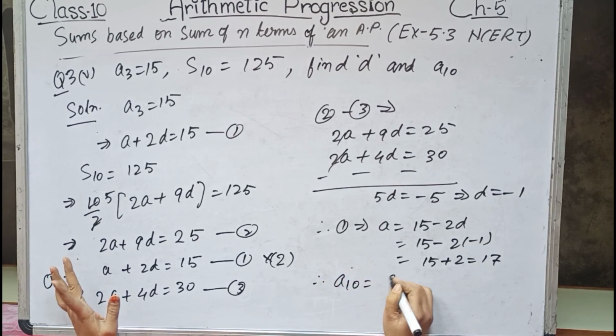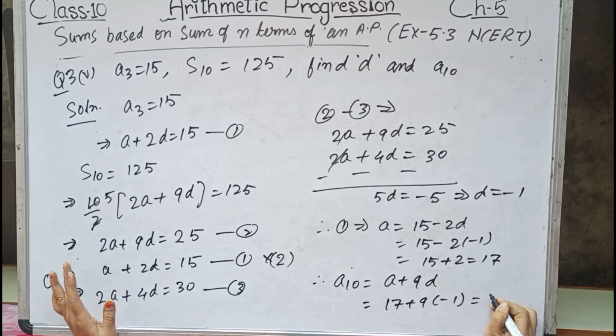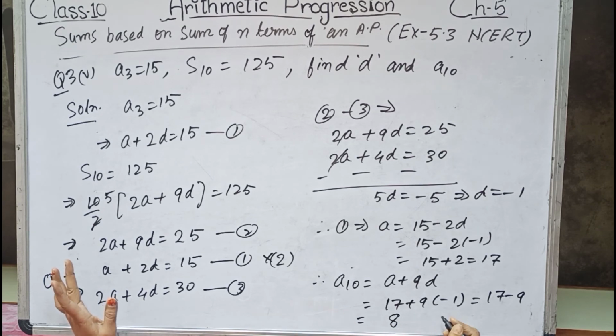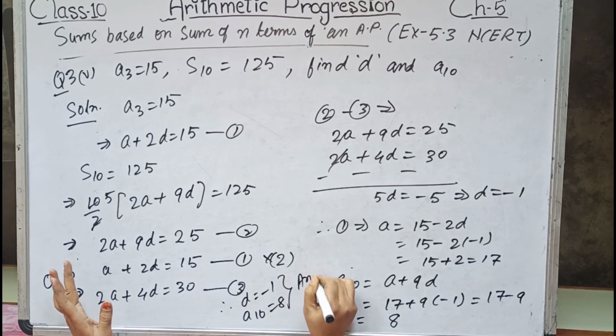A10 equals A plus 9D equals 17 plus 9 into minus 1 equals 17 minus 9, that is 8. So D equals minus 1 and A10 equals 8, and this should be the answer.